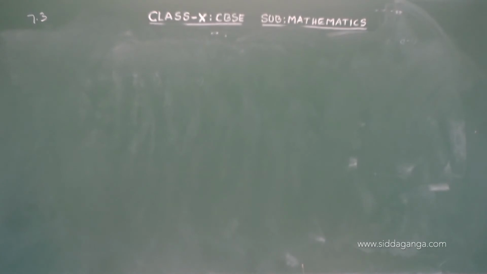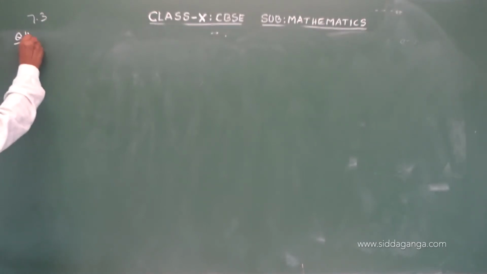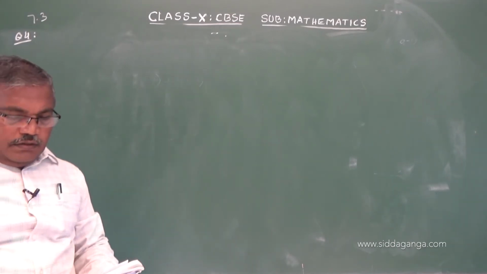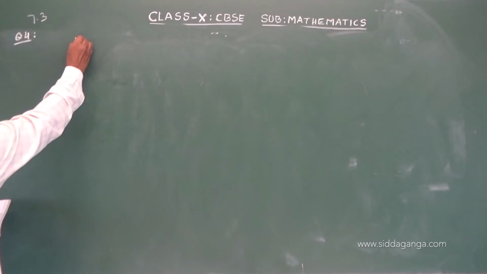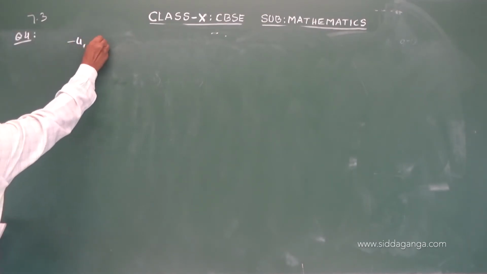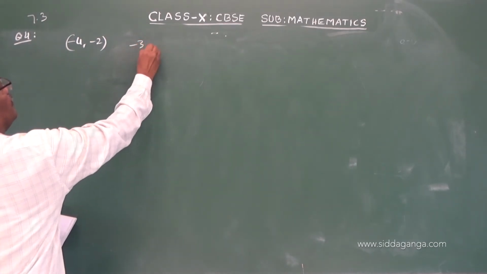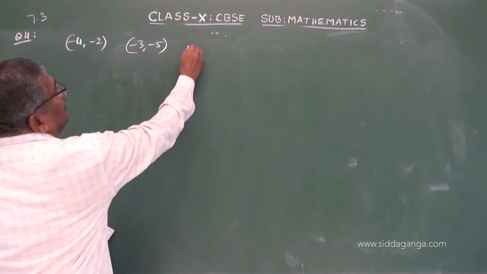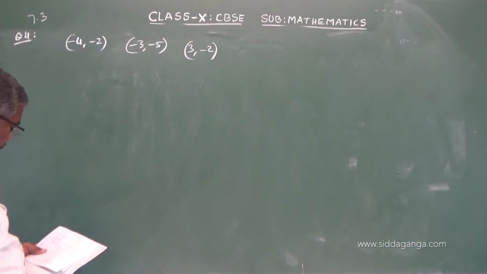Now, question number 4: find the area of the quadrilateral whose vertices taken in order are (-4, -2), (-3, -5), (3, -2) and (2, 3).